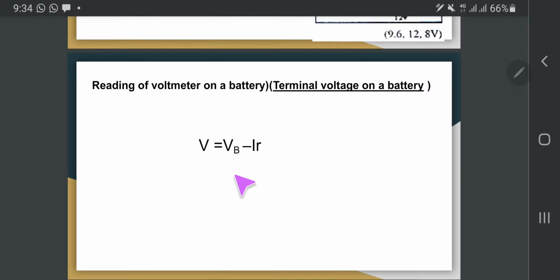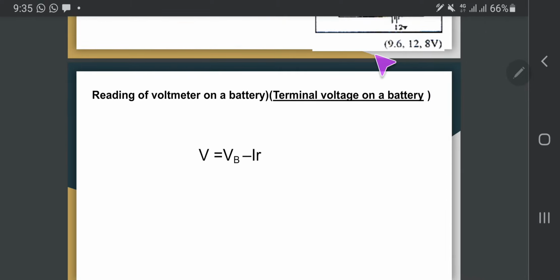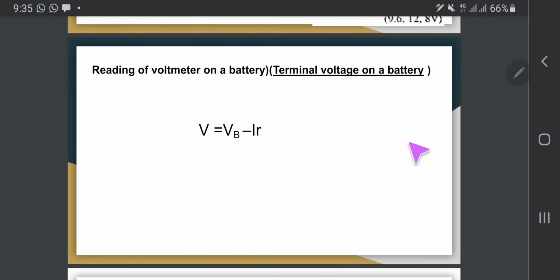If I have more than one battery, and the batteries are like this, VB1 and VB2 with different polarity, positive and negative, then we take VB1 plus VB2.